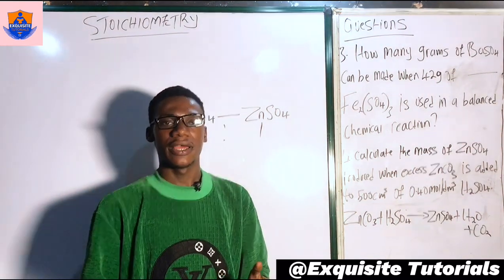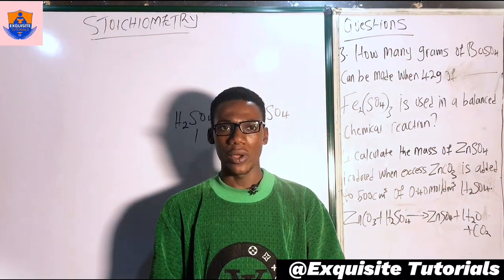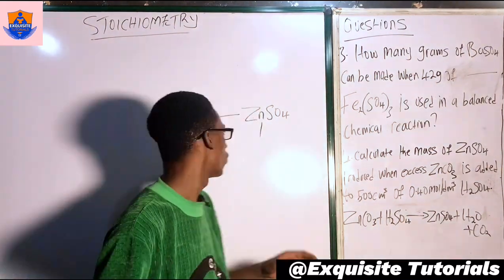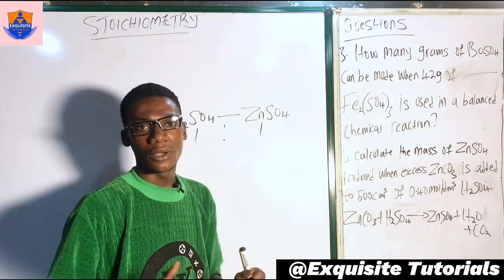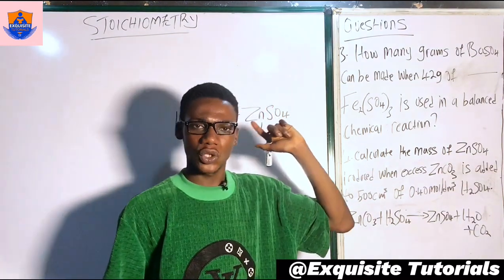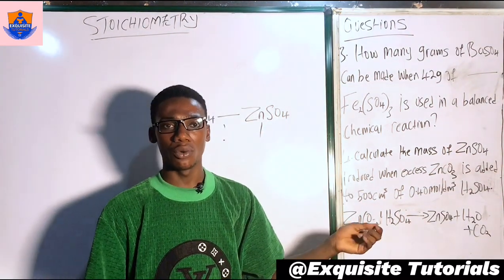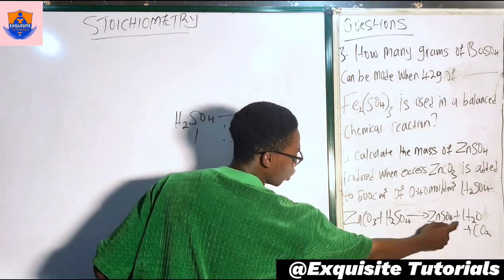Note this: if we are asked to find the mole of the compound, we are not to use the molar mass to solve. If we are asked to find the mass, we are to use the molar mass of the compounds to solve. Now remember the first question I solved, they asked us to find the mole. So we actually use the moles of the compound to solve.